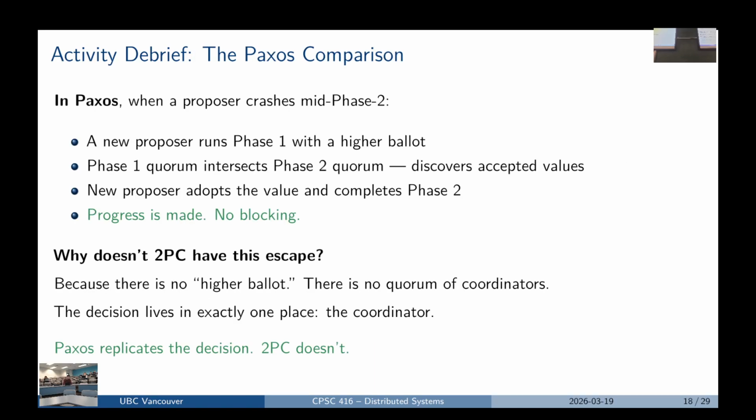So in Paxos, when a proposer crashes in that phase 2, what happens is a new proposer comes out, runs a ballot protocol, this is multi-Paxos, and gets a quorum. Part of getting that quorum, if you actually look at the multi-Paxos protocol, is what was the last decision that was accepted by anyone under the previous leader.